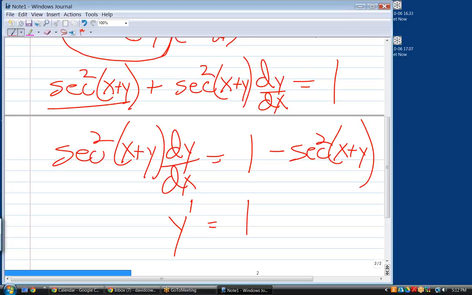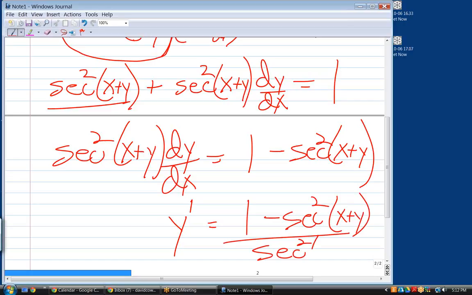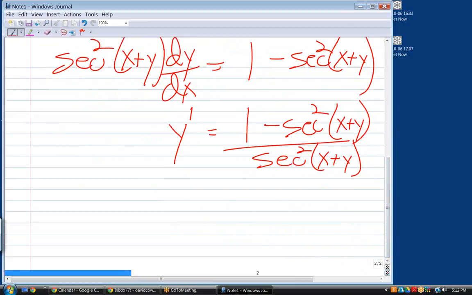Okay, so this is going to be 1 minus secant squared x plus y, all divided by secant squared x plus y, the coefficient on the dy dx. And let's simplify that, only because I can, and I can make it rather significantly simplified.